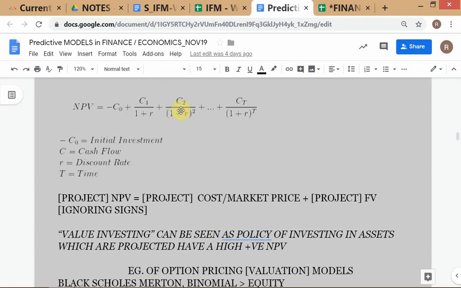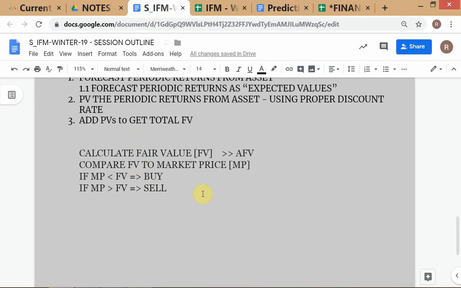Negative NPV means the absolute value of this is more than the sum of all these. So negative NPV means the sum of all this is the fair value. That means market price is higher than fair value, and you are rejecting it, which means you are following this framework. Rejecting the project is like selling the project.